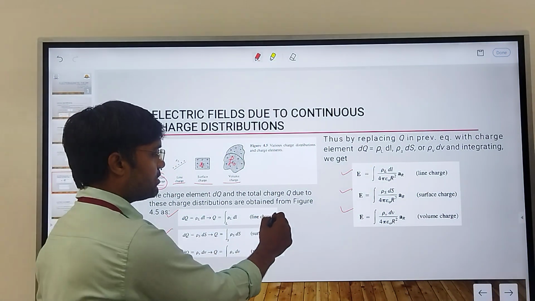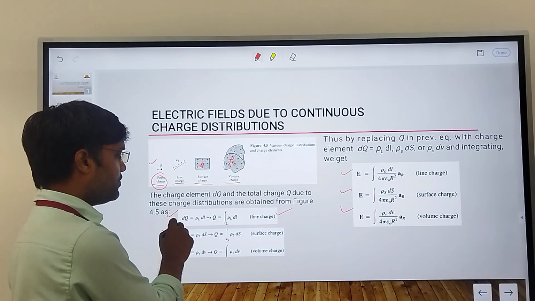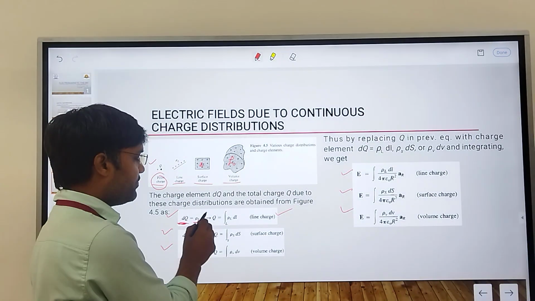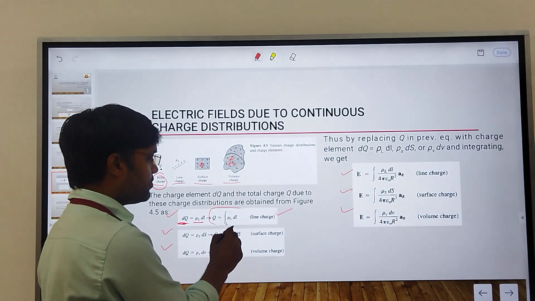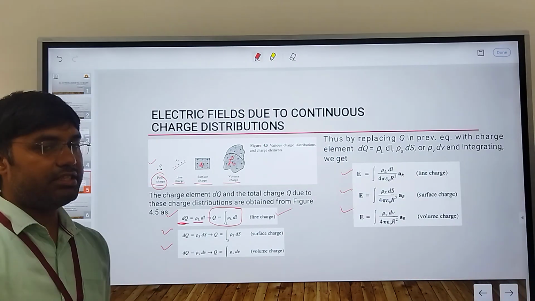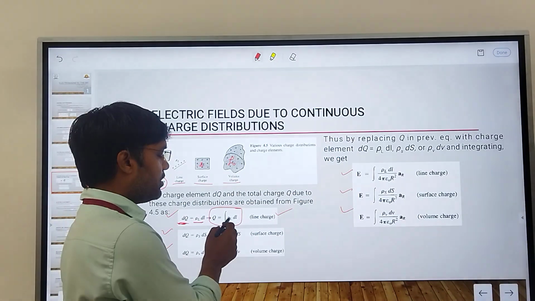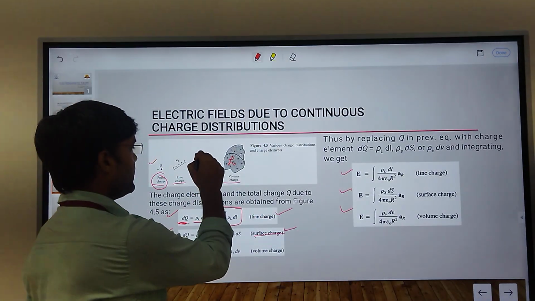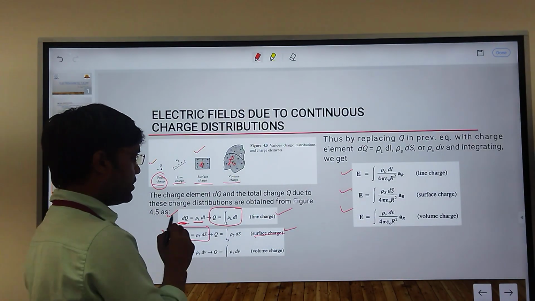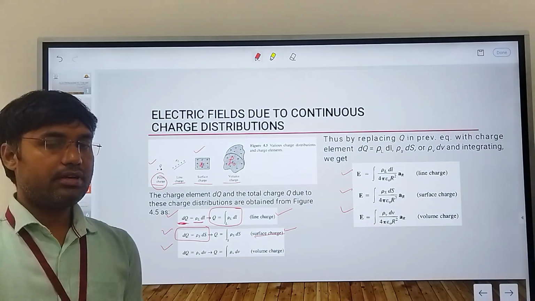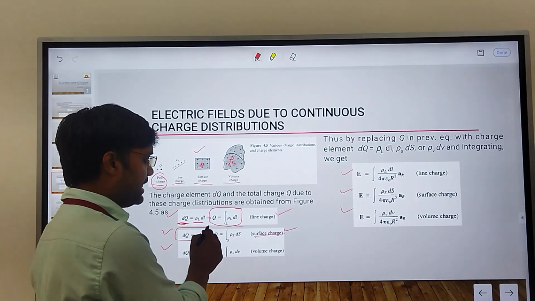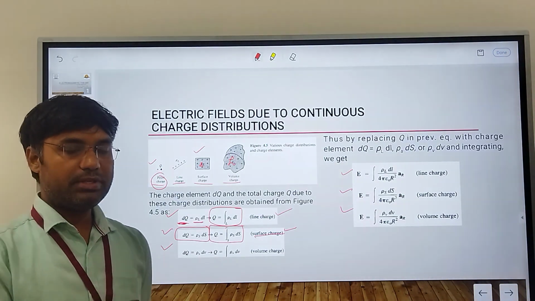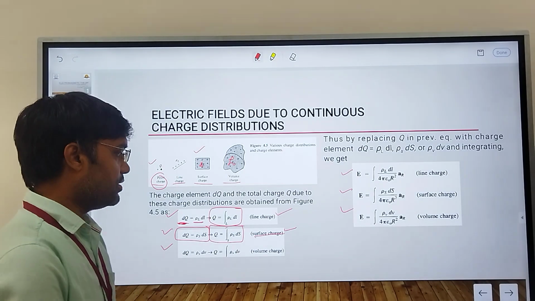In case of line charge density, the differential charge element is dq equal to rho L dl, and if we integrate both sides, we get the charge as the line integral of rho L dl. Similarly, in case of surface charge, dq equals rho s ds, and integrating both sides, Q is the surface integral of rho s ds.